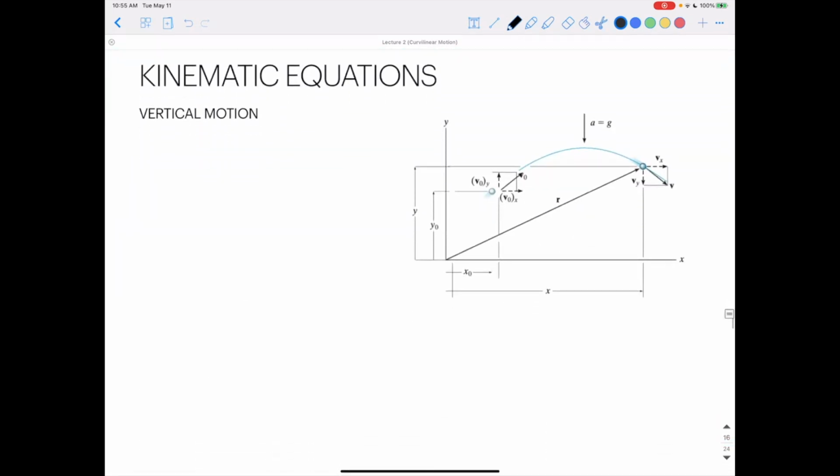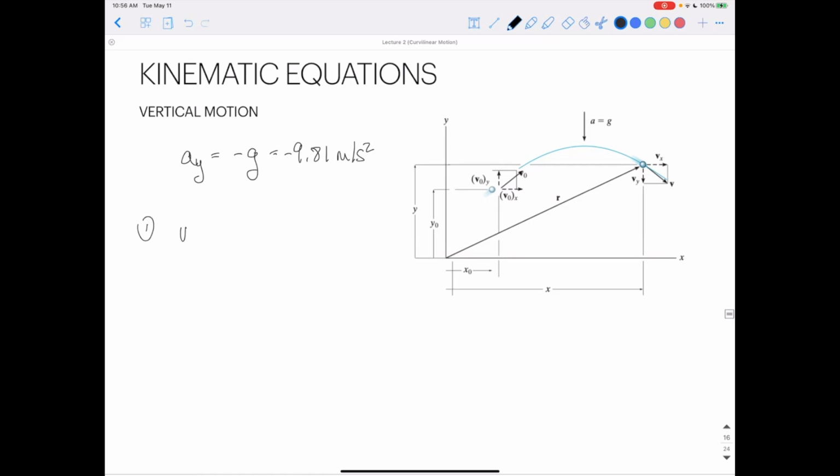If we look at the vertical direction, the y direction, we now have our component ay of our acceleration equal to minus g, and it is constant. We said before g is equal to 9.81 meters per second squared. So we again use those equations of motion for constant acceleration. We can rewrite the three equations of motion for a projectile as number one, our y component of velocity is equal to our initial y component of velocity minus acceleration due to gravity times time.